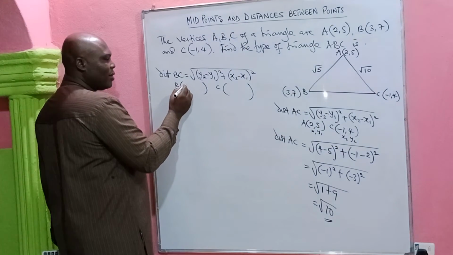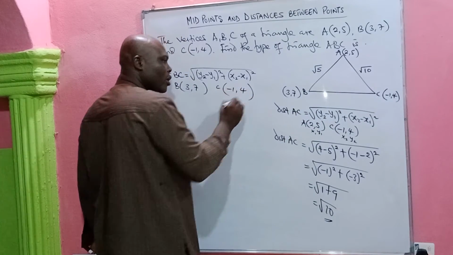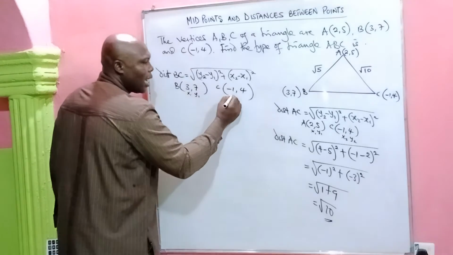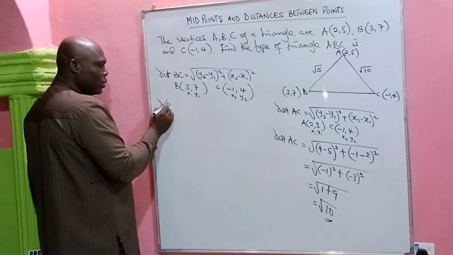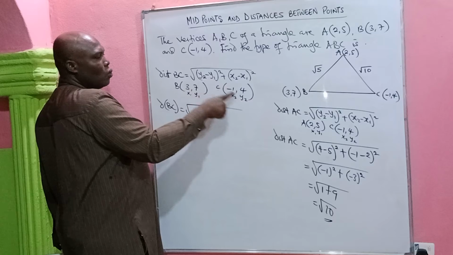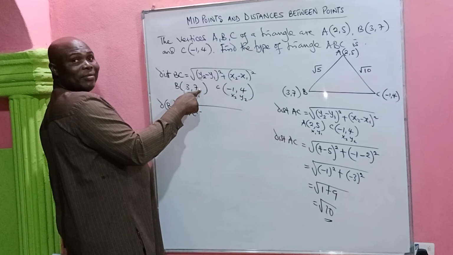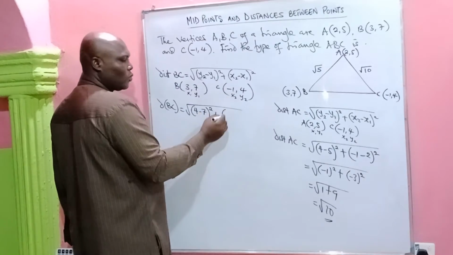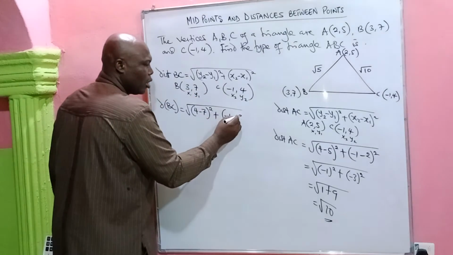So B is 3, 7 and C is minus 1, 4. Okay, as usual, this is still x1, y1, and this is x2, y2. So your distance from B to C will be equal to the square root of y2, which is 4, minus y1, which is 7, all squared, plus x2, which is minus 1, minus x1, which is 3, all squared.